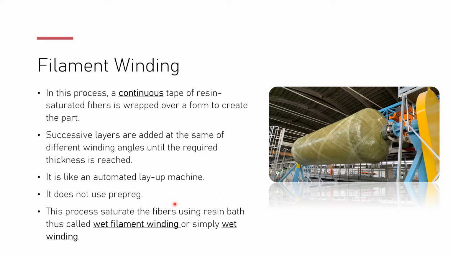So it is like an automated layup machine. We start with a manual layup, then vacuum bagging, and here we're using the machine. It does not use prepreg like the manual layup. Instead it saturates the fibers using a resin bath, and is called wet filament winding, or simply wet winding.